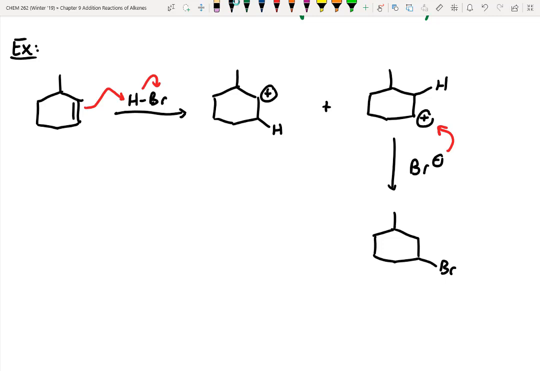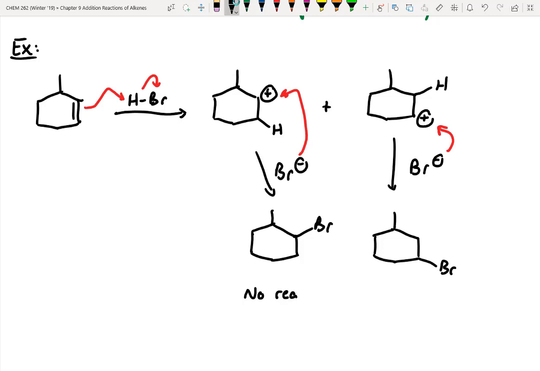It could rearrange, right? So if we think about the top one, we do have an option where before rearrangement, this bromide attacks in. And I'm just going to label this as the no rearrangement product for both of these. However, we could have an alternate pathway where maybe this green hydrogen over here hops over.